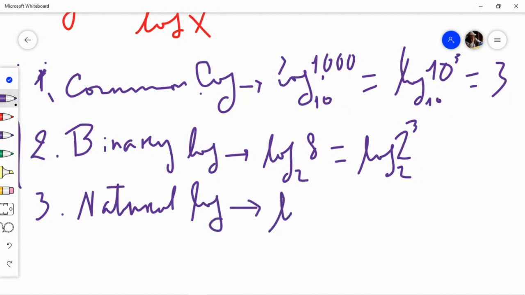Natural log is the log using Euler's number e as the base. That's why, in our main lecture, there was a huge segment about Euler's number. And if you have studied it well, then you shouldn't have a problem understanding it.